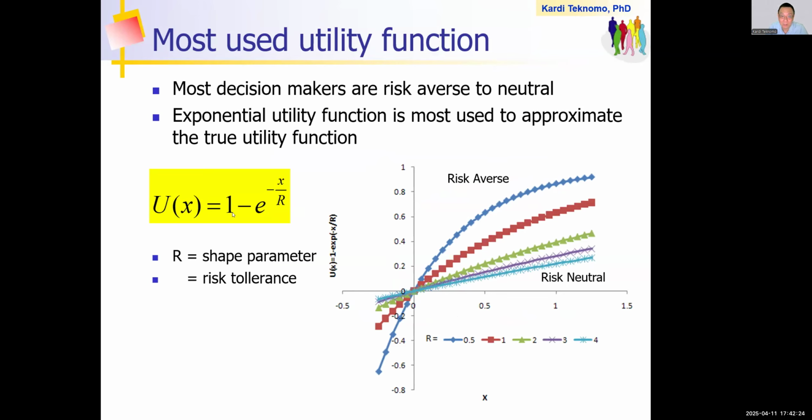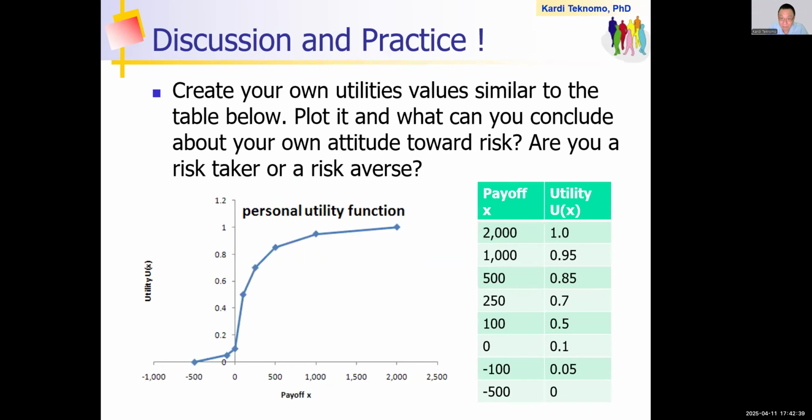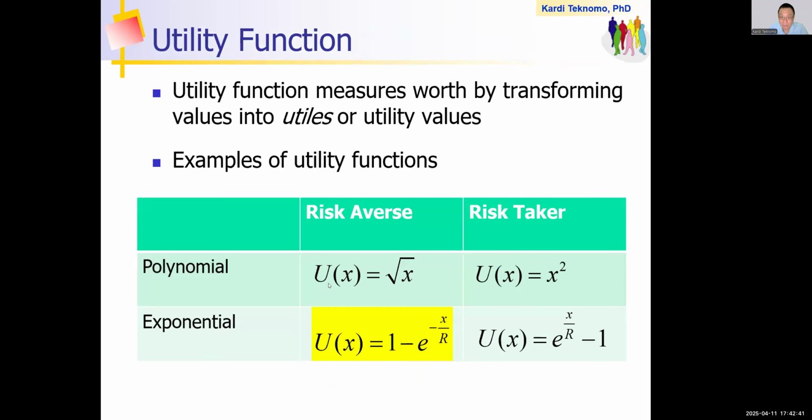That's why I highlighted the utility function. This is the utility function for risk averse. Can you see the table earlier? Remember, we have two types of function, polynomial or exponential, whether risk averse or risk taker.